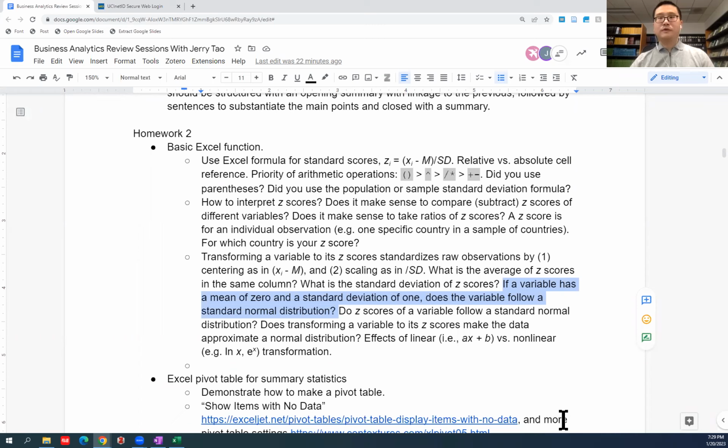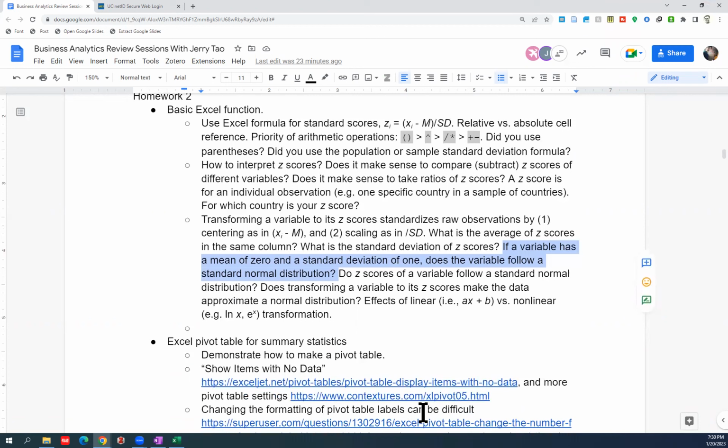If we know a variable has a mean of 0 and a standard deviation of 1, it does not necessarily follow a standard normal distribution. We can create an infinite number of different distributions which all share a mean of 0 and a standard deviation of 1, but none of them follows a standard normal distribution.